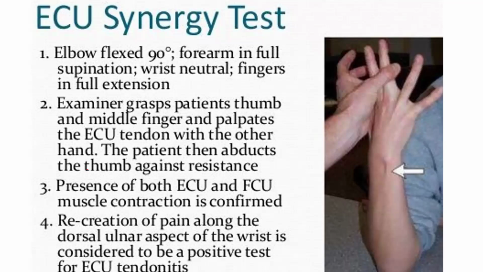The examiner grasps the patient's thumb and middle finger and palpates the extensor carpi ulnaris tendon with the other hand. The patient then abducts the thumb against resistance. The presence of both extensor carpi ulnaris and flexor carpi ulnaris muscle contraction is confirmed.